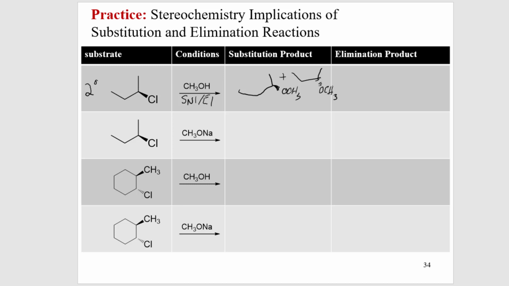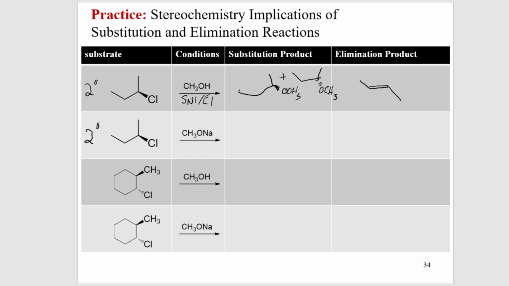The elimination product, had I considered E1, and I should, is going to be the major elimination product. There are going to be minor ones, but the major substitution products and the major elimination product are shown. It's important to go through this for each one.